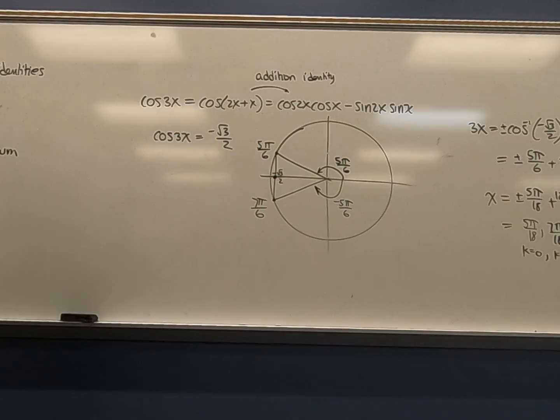And so then what, 17 pi over 18, 19 pi over 18, 29 pi over 18, and 31 pi over 18.